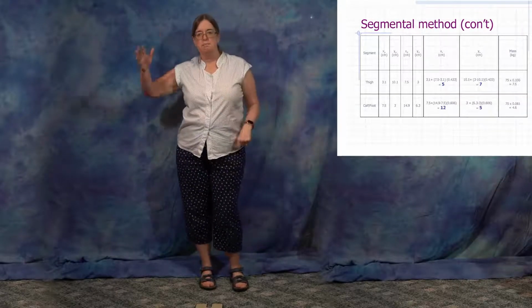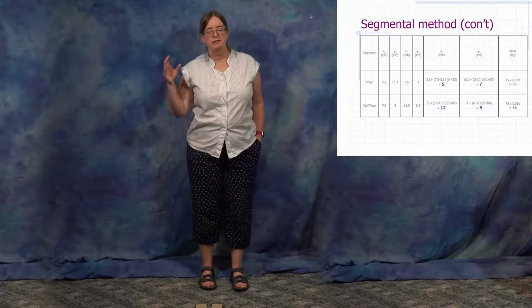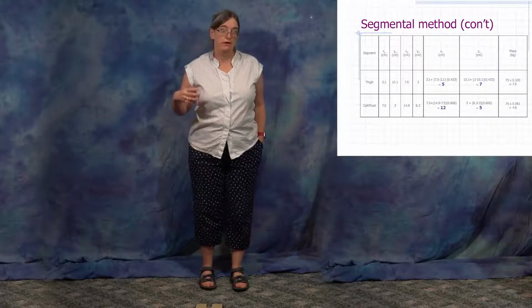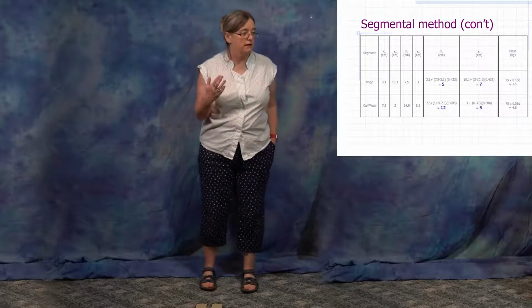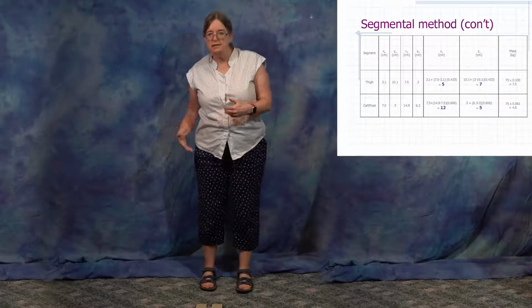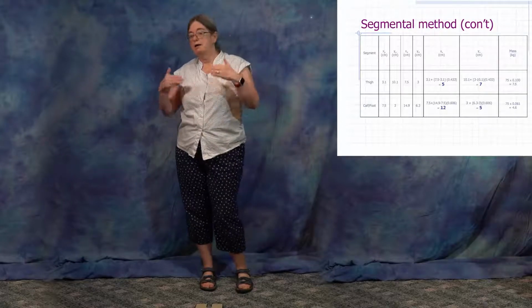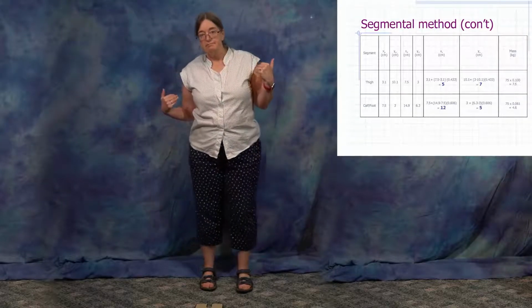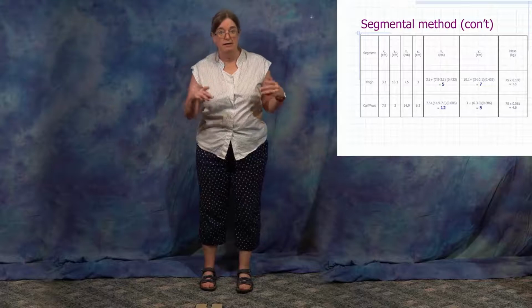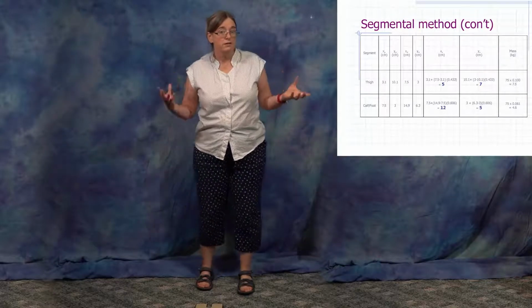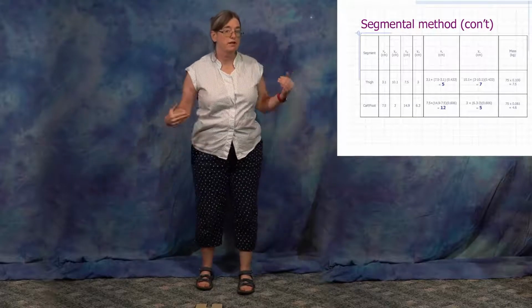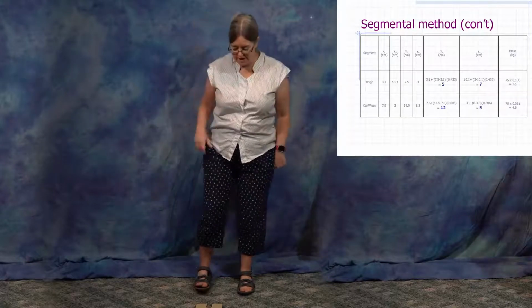Also, there is the mass fraction. So what is the actual mass of a thigh? What is the actual mass of a calf and foot? Again, we use 10% of the total body mass as the mass of one thigh. So for a 75 kilogram runner, 7.5 kilograms of that runner is one thigh on average.